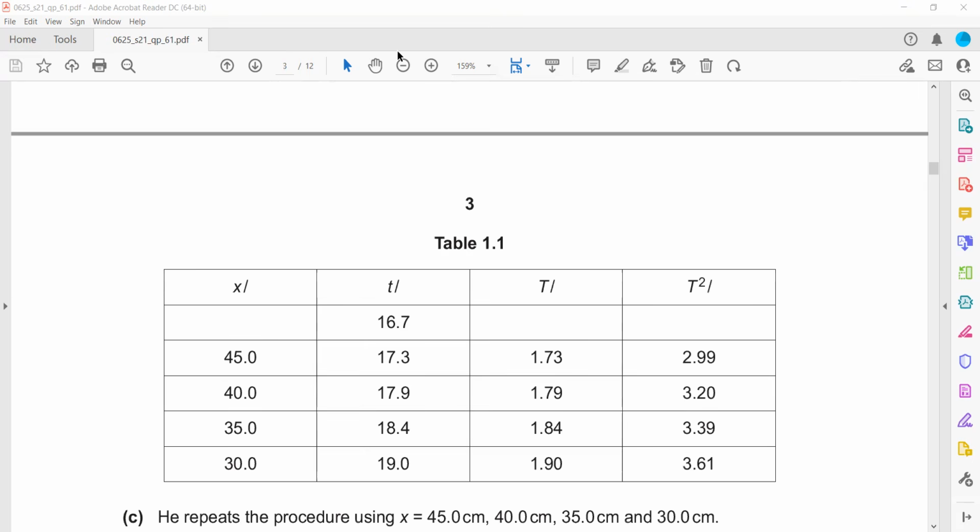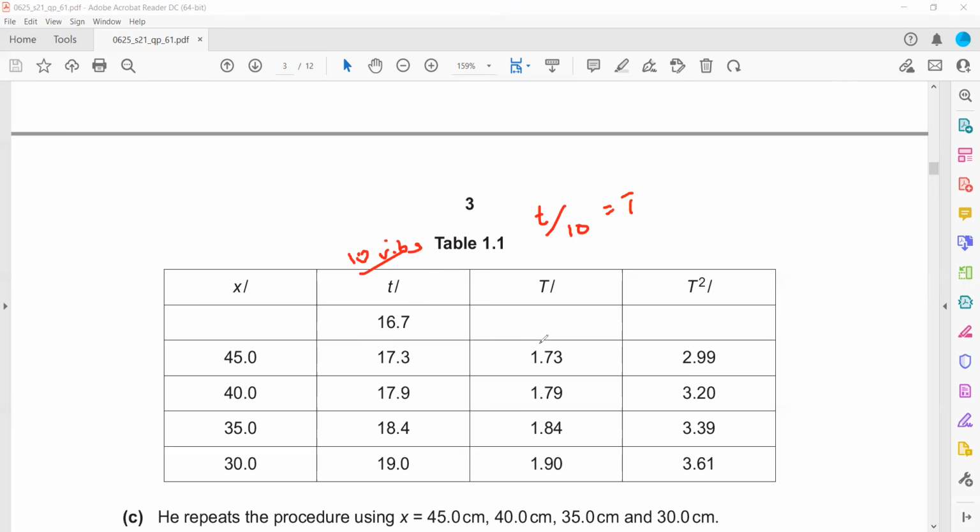So what will be the time for each vibration? Normally the question says 20 vibrations, so I was used to saying 20, but here it is 10 vibrations. To get the time period, we divide the total time for 10 vibrations by the number of vibrations, which is 10.